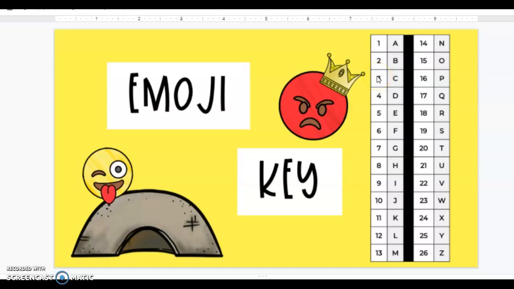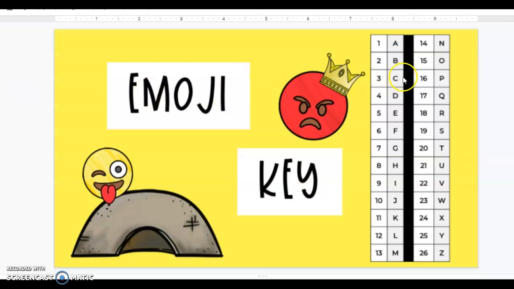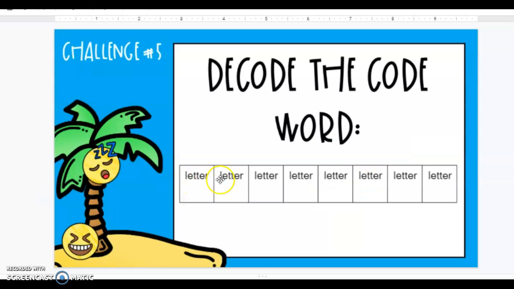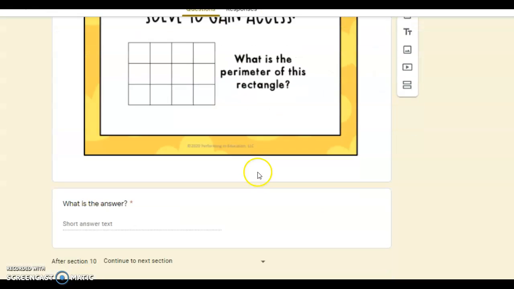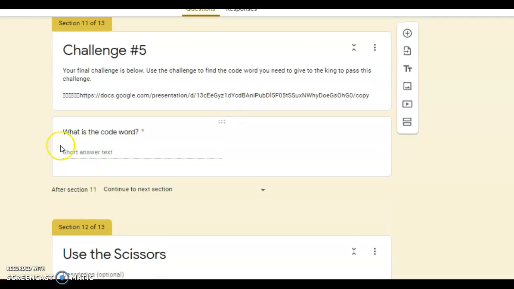If 80 minus 71 was 3, you would type your answer 3, letter from the emoji key, and the emoji key says letter C, so that's what you would type right there, okay? Then you're going to unscramble your letters. Then you're going to go back to your Google form, and what is the answer? Okay, what is the code word?